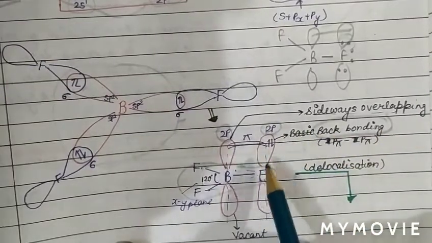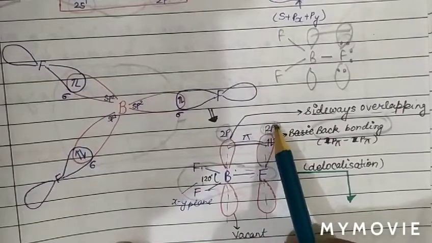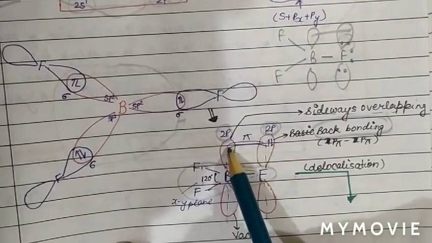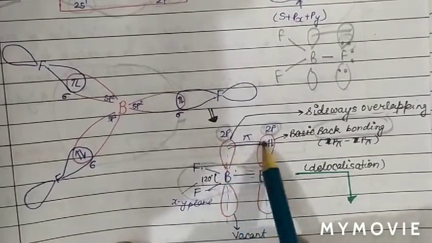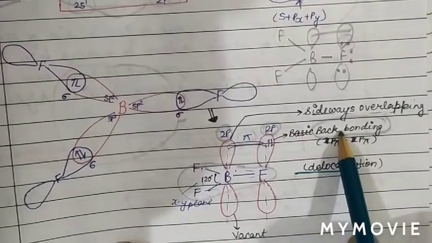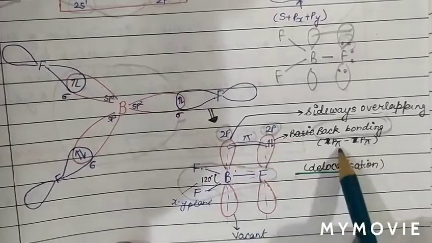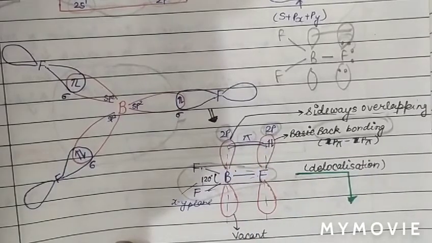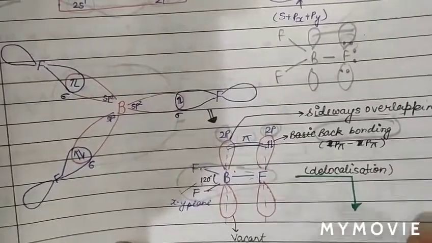The lone pair of electrons in the 2p orbital is donated to the vacant orbital of the central atom, and there is back donation. So there is sideway overlapping and formation of a pi bond. We also call this back bonding because there is formation of a pi bond between p orbital and p orbital. That is how back bonding forms in the case of BF3.